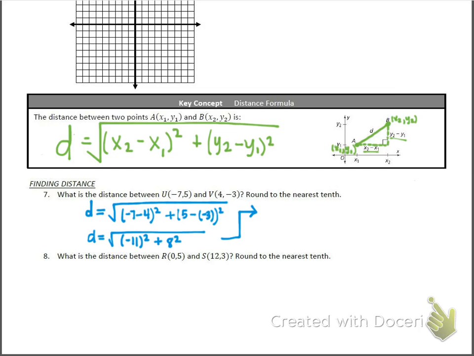Okay. So D equals square root. -11 squared is 121. Plus 8 squared, which is 64.